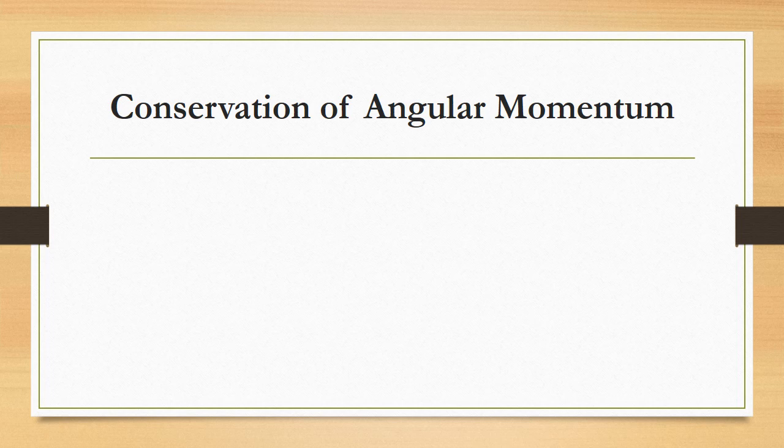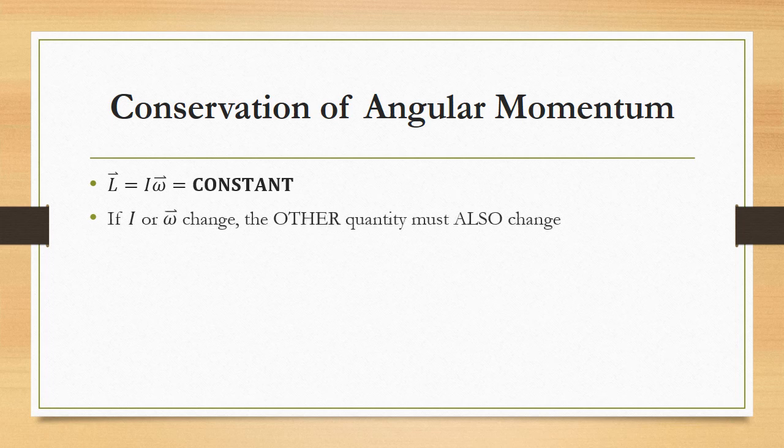So let's try to make sense of what we just saw. We know that as long as there is no external net torque, the angular momentum of any system is a constant value. It doesn't change. Therefore, assuming that the guy with the bike wheel was in an isolated system, which is a reasonable assumption, we'll say he was on a frictionless rotating platform, or a platform capable of rotating without friction.